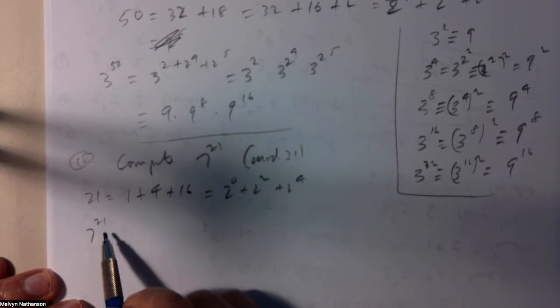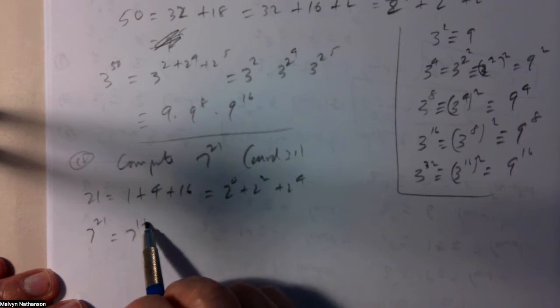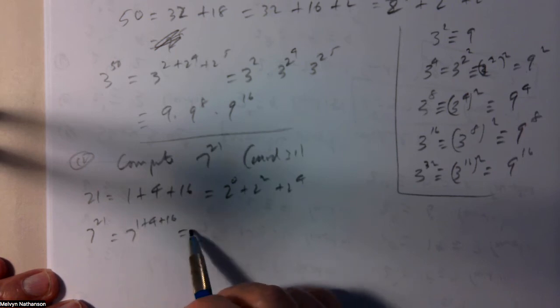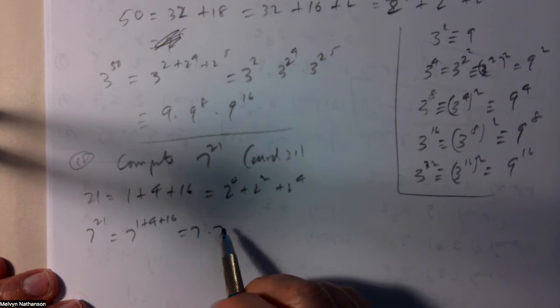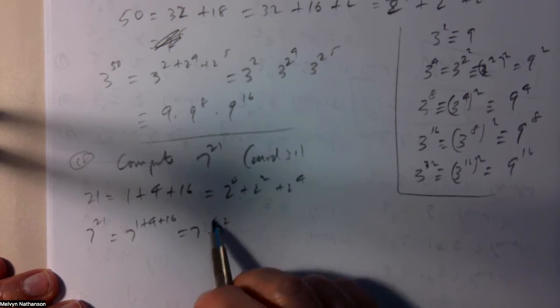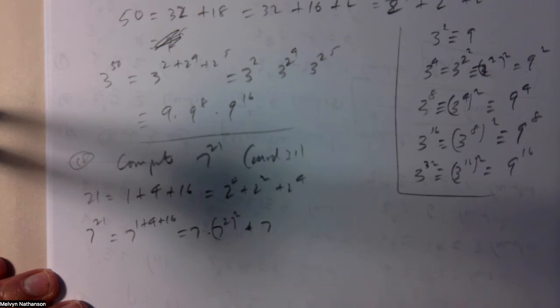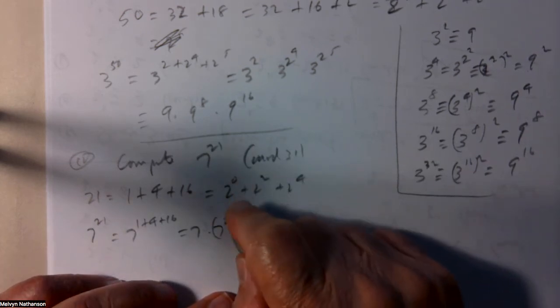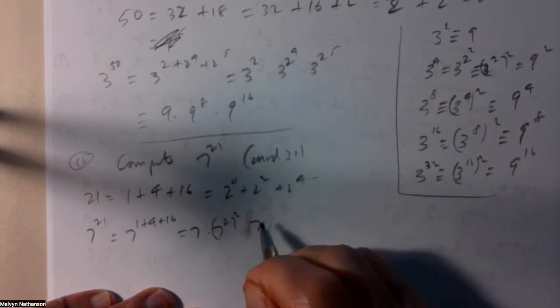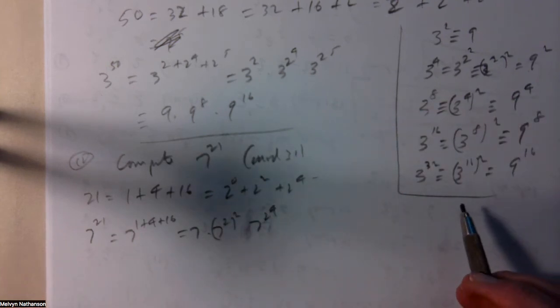So 7 to the 21 is 7 to the 1 plus 4 plus 16. It's 7 times 7 to the 4th, that's 7 squared squared, times 7 to the 16th power.